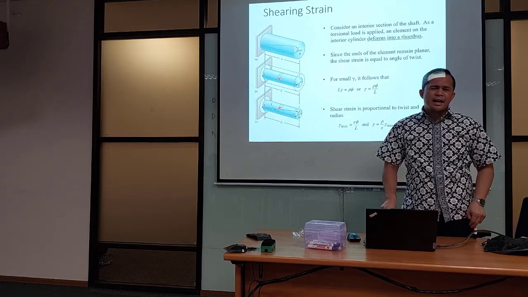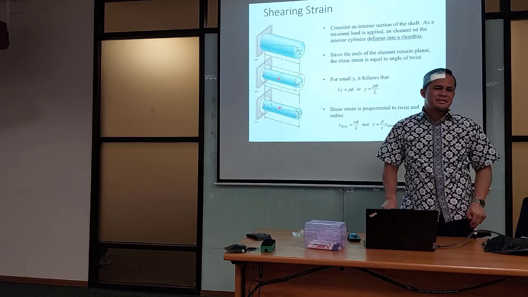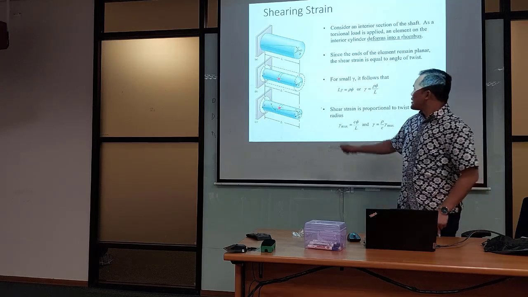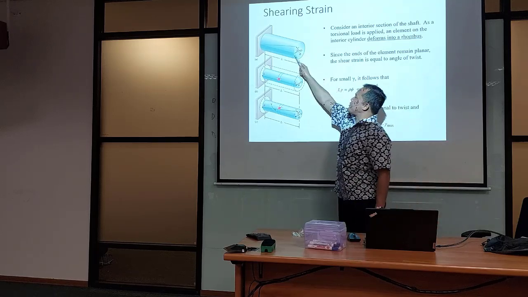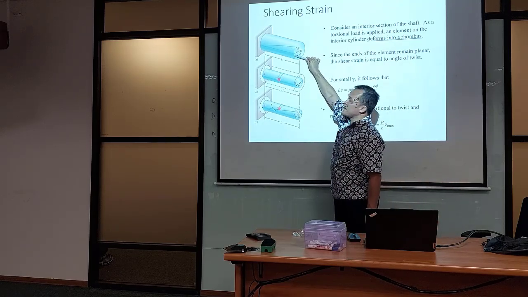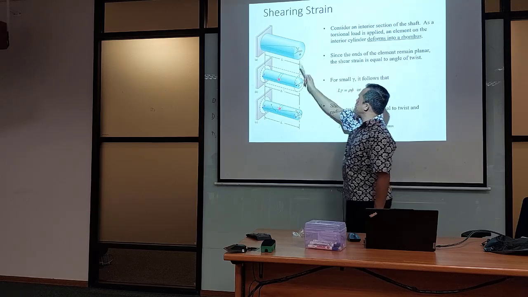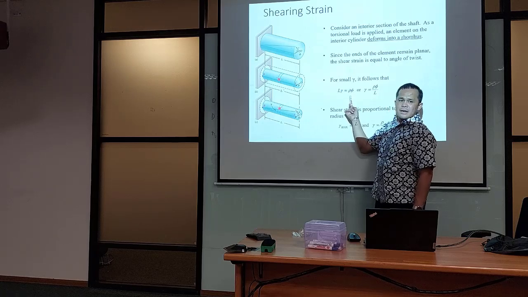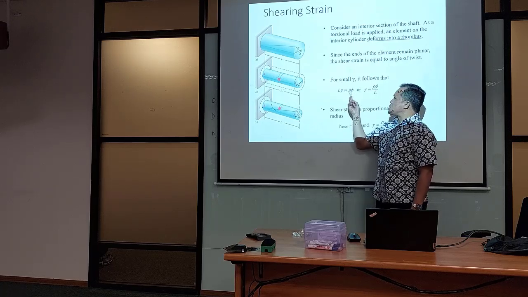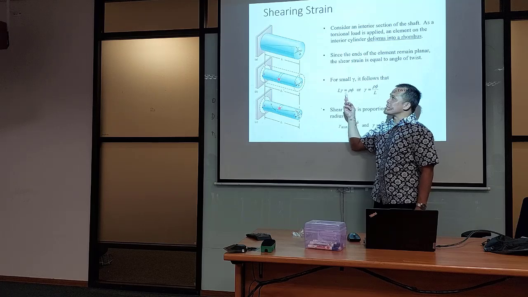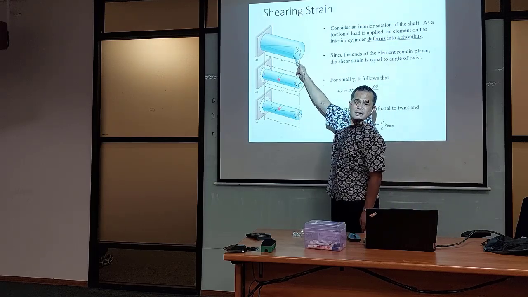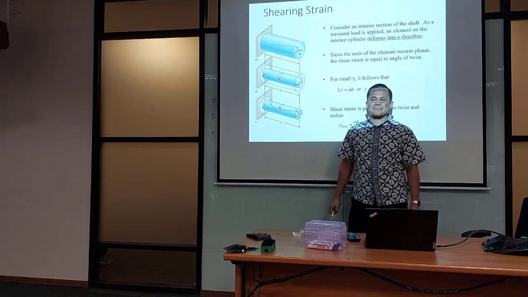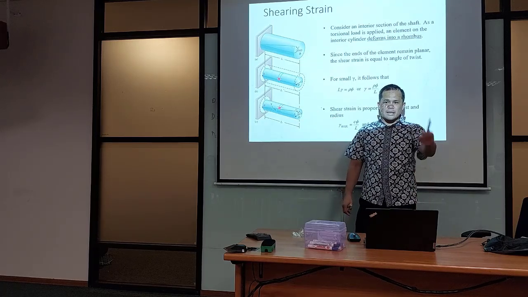But because the angle is too small, sine phi becomes phi. So this distance, meaning the arc from A to A prime, can be expressed by phi times the radius. Radius times phi. Okay? That's what was just mentioned.